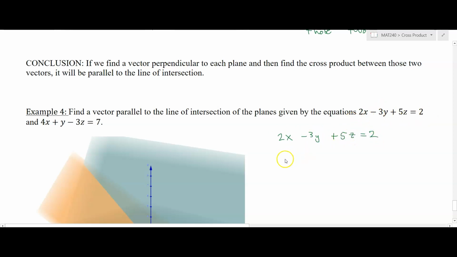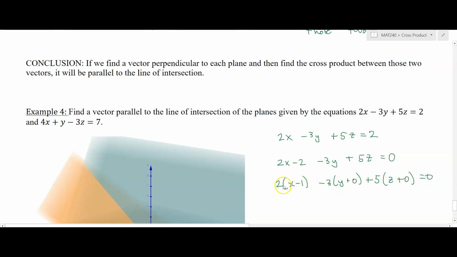If I move that 2 over, and let me just bundle it with the x, doesn't really matter which one it bundles with, but I can factor out a 2 more easily from that term, I get this is equal to 0. Now, this is really 2 times x minus 1 minus 3 times y minus 0, or plus 0 if you wish, plus 5 times z plus 0 equals 0.